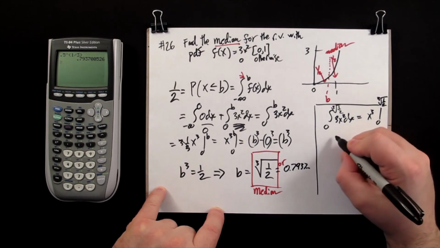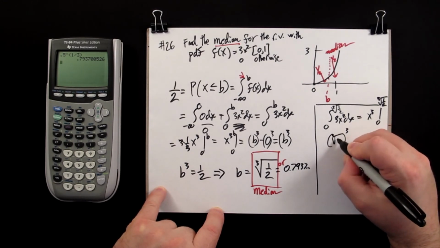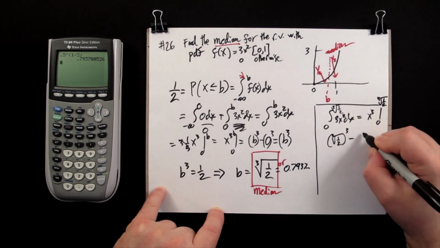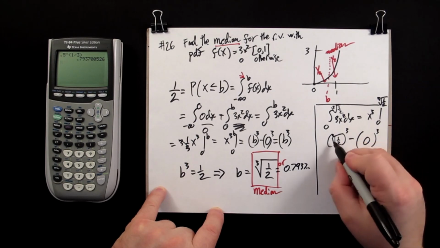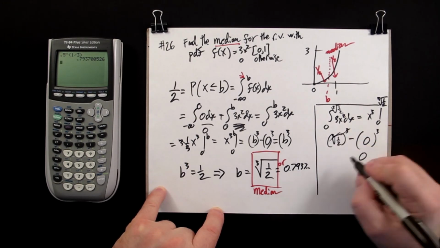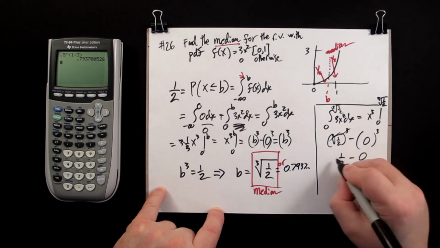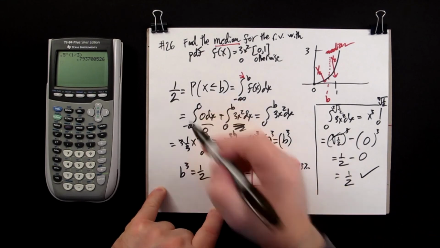So the third root of a half, cubed, minus the cube of 0. So that is 0. The cube and cube root cancel out to give 1/2. So we have 1/2 minus 0, which gives 1/2, which is what we were expecting.